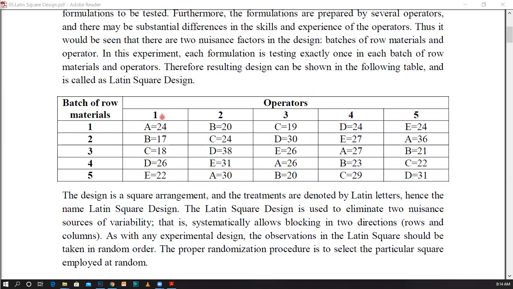If you see the first operator, that operator has made formulation A, formulation B, formulation C, D, and E. For the second operator also, B, C, D, E, and A. For the third operator, C, D, E, A, B. Therefore, if you consider the blocks in the column-wise also, you have applied each treatment exactly one time. Like this, you can use a proper randomization procedure.